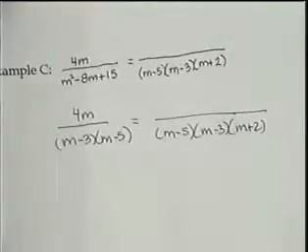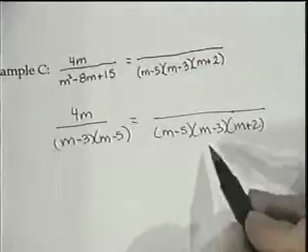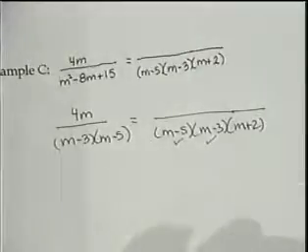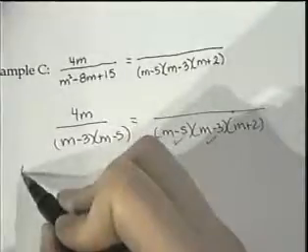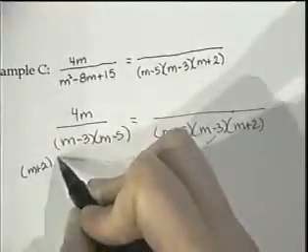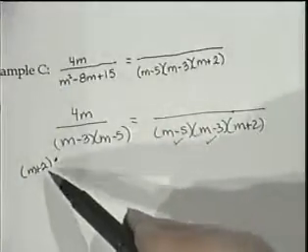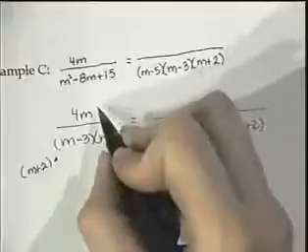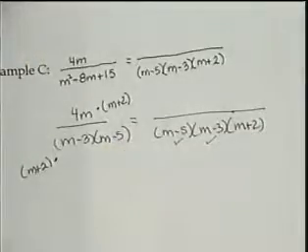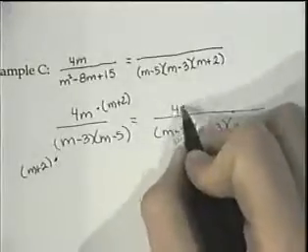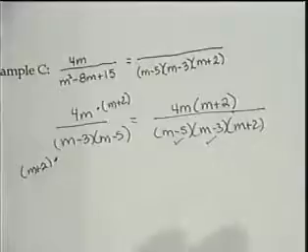Okay? Well, this isn't hard at all. M minus 3, m minus 5, you've already got m minus 3 and m minus 5. The only term that's missing here is the m plus 2, so you're going to multiply times m plus 2. If you do it to the denominator, you also have to multiply on the numerator. So you have 4m times m plus 2 being your new numerator.